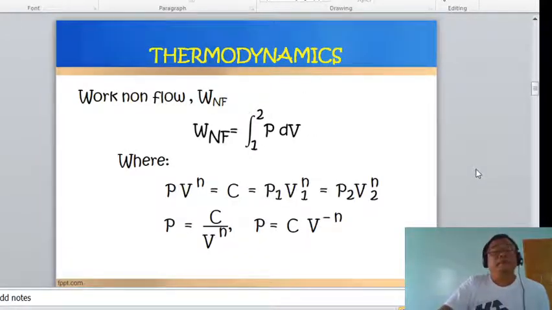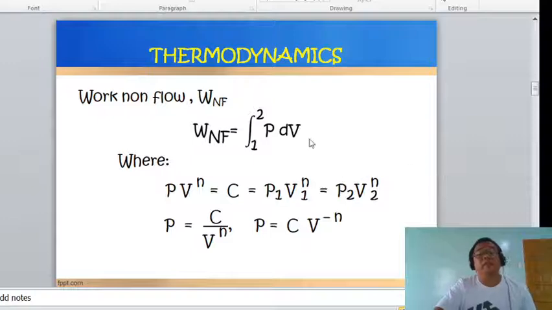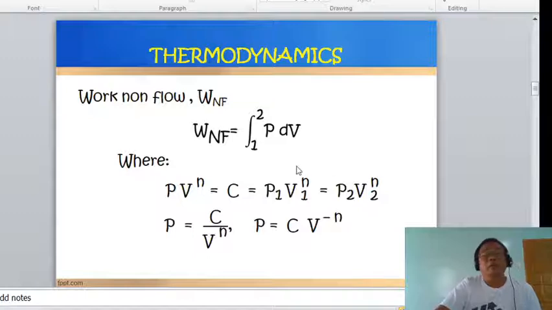For non-flow work, work non-flow is equal to the integral of P dV, or the area below the PV diagram. PV raised to n equals constant, so P equals C over V raised to n, or simply P equals C multiplied by V raised to negative n.